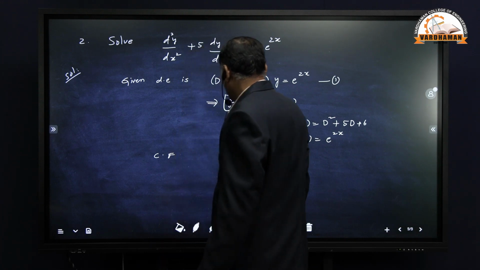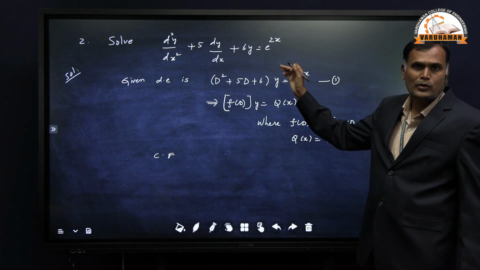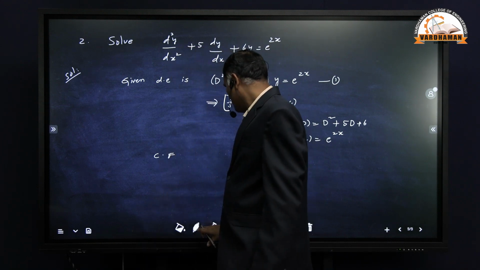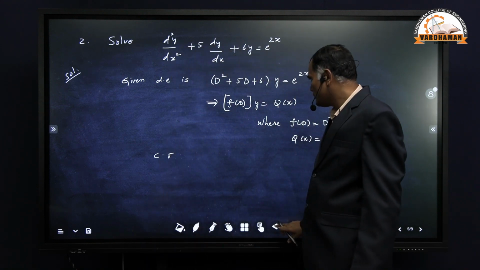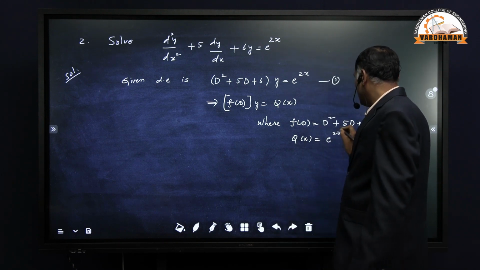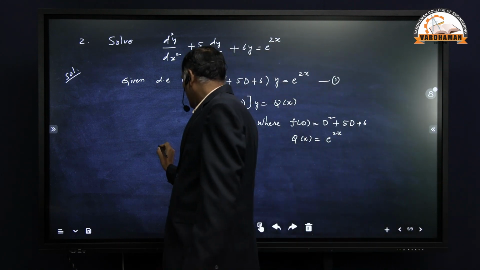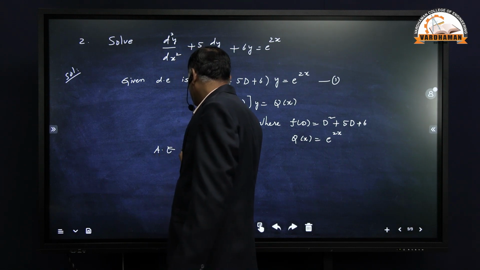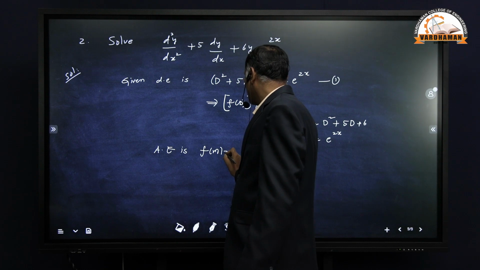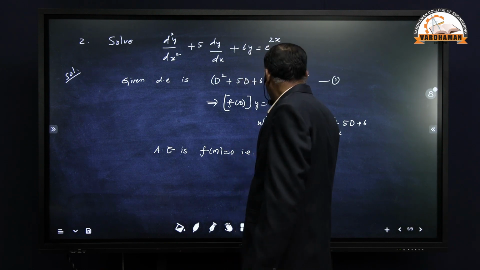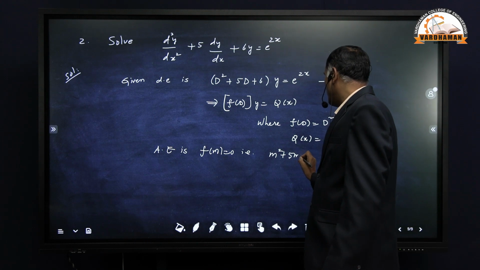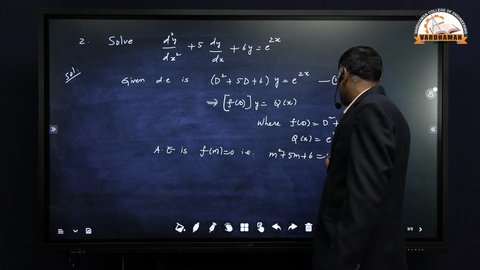Complementary function: first let us find the roots of the auxiliary equation, then we will write the complementary function. In this case the auxiliary equation is given by f of m equals 0, that is m square plus 5m plus 6 equals 0.